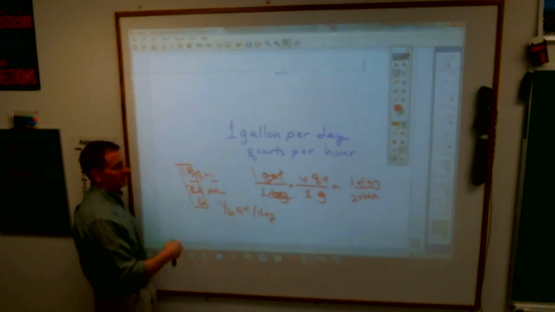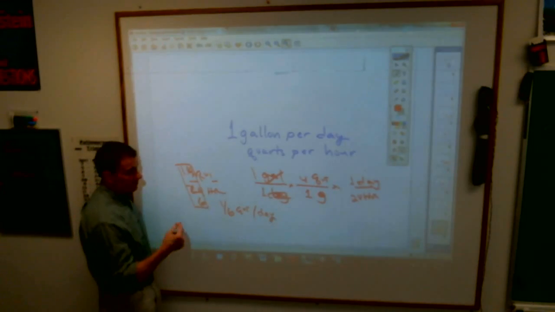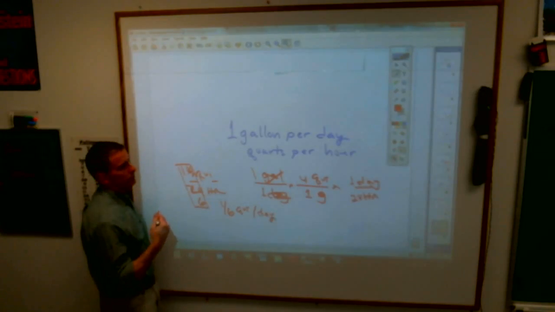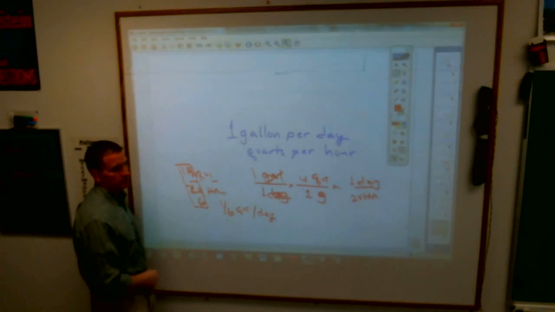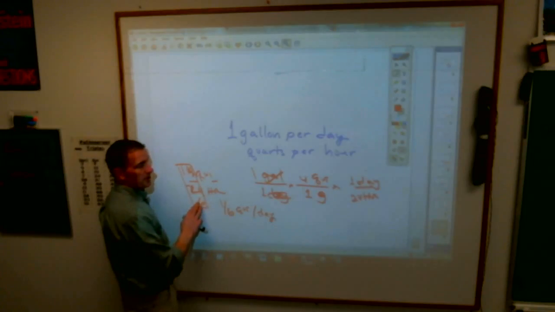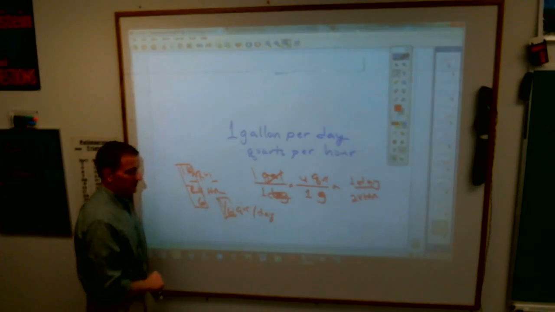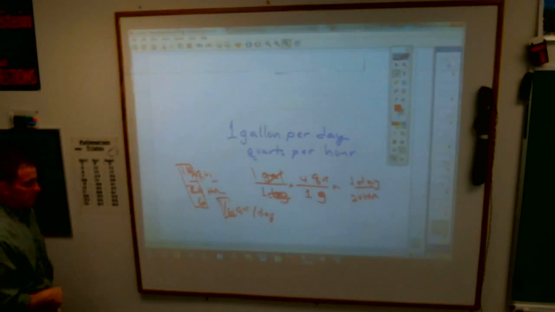That makes more sense than saying 1 quart per 6 hours, because when we say rates like miles per hour, you don't say 2 miles in 15 hours. You say a fraction of a mile per hour. So if you end up with a number on the bottom, you make a fraction out of the two left numbers and then put your label behind it: 1/6 of a quart per hour.